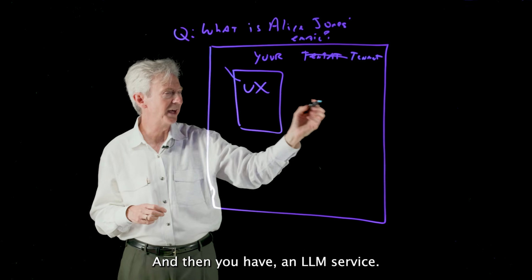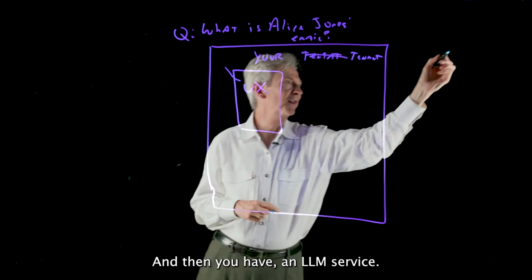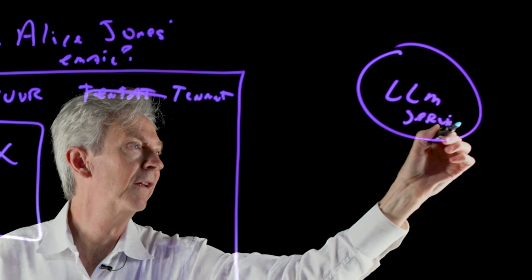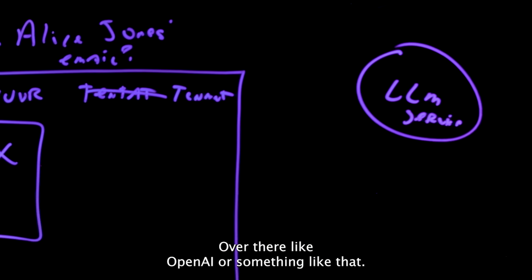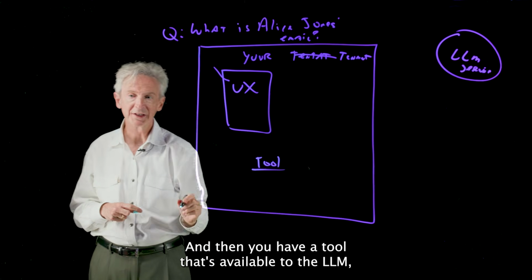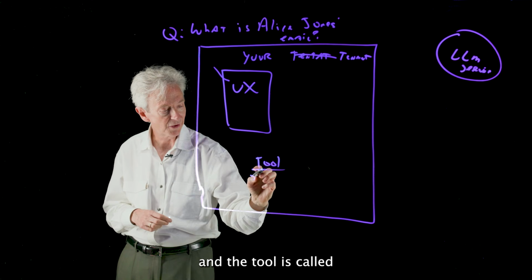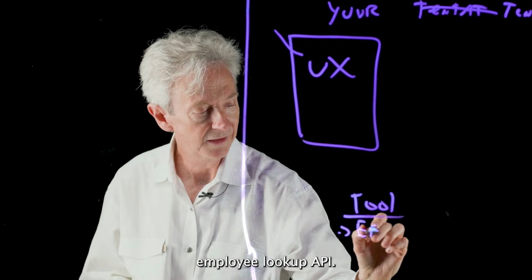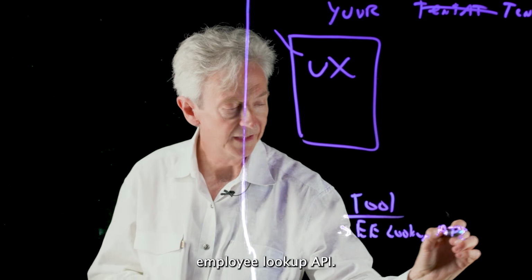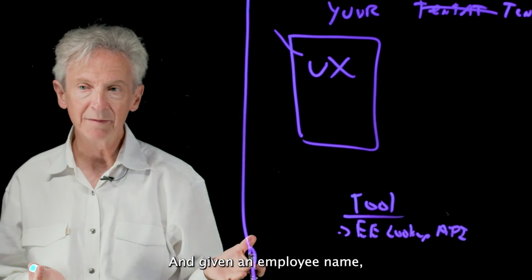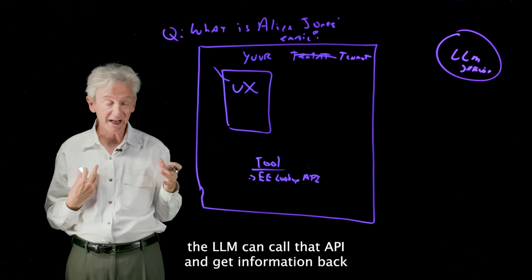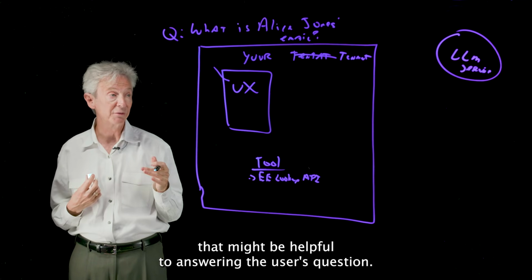And then you have an LLM service over there, like OpenAI or something like that. And then you have a tool that's available to the LLM, and the tool is called Employee Lookup API. And given an employee name, the LLM can call that API and get information back that might be helpful to answering the user's question.